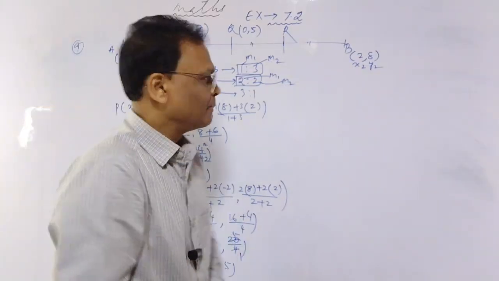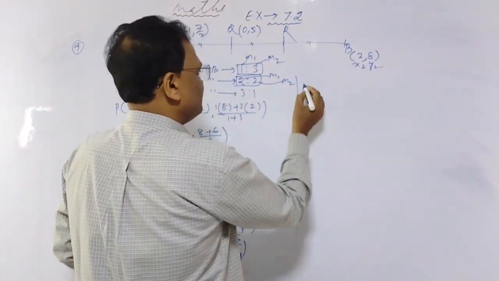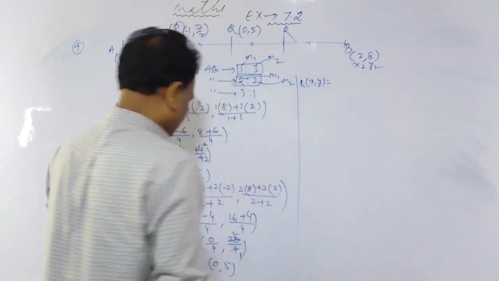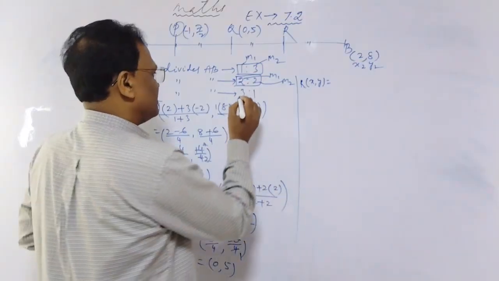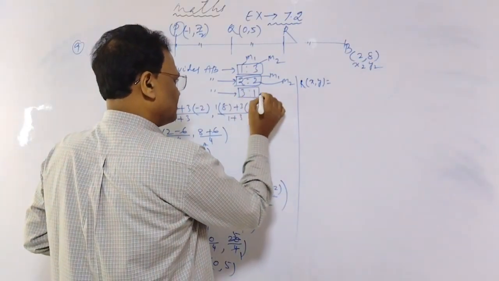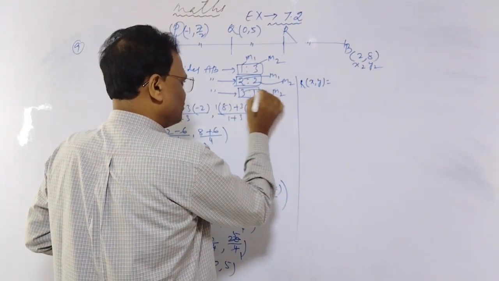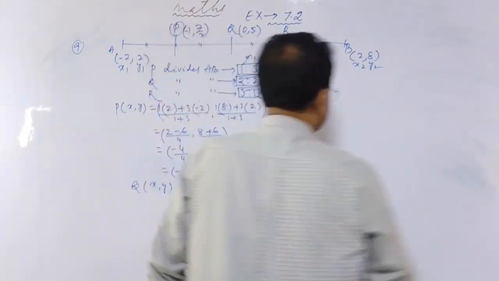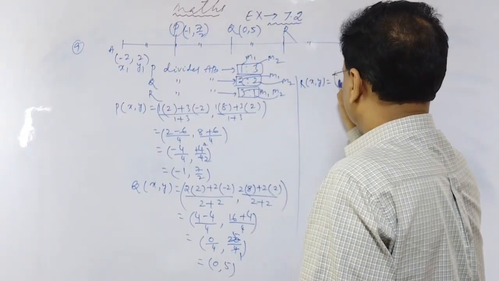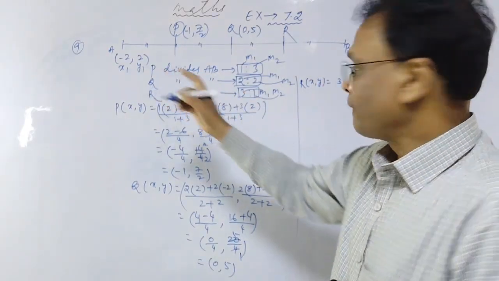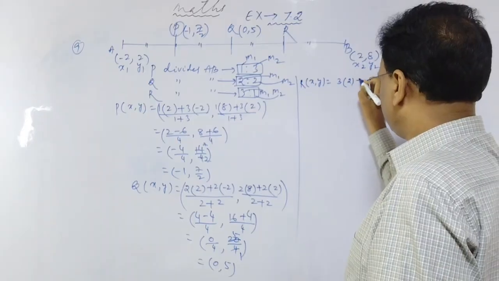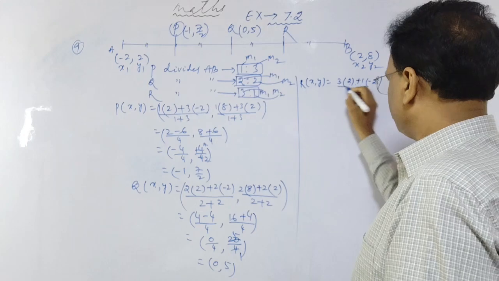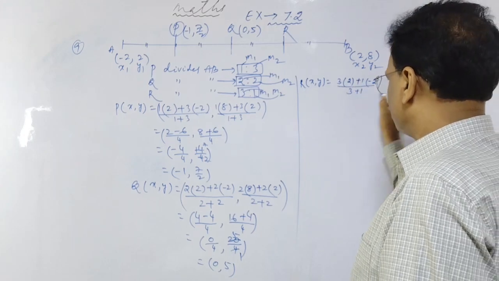And now the last one, that is R. If I find the coordinates of R, R(x, y) is again the same formula, but the only thing that will change is m1 and m2. This is m1, this is m2. Only these values will be changed. m1 is 3, and x2 is 2. m1 x2 plus m2 x1, divided by m1 plus m2.